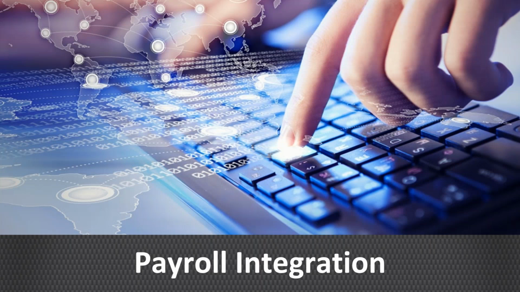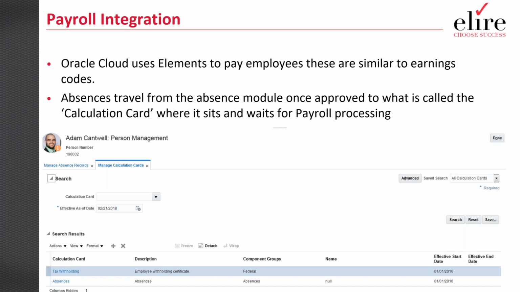All right, so I'm going to go through payroll integration and self-service a little quickly because I want to get to those case studies. Sorry, I'm talking a little bit longer than I might need to. As far as payroll integration goes, once an absence is approved, either on the absence side of things or on the time and labor side of things, it moves over into what's called a calculation card.